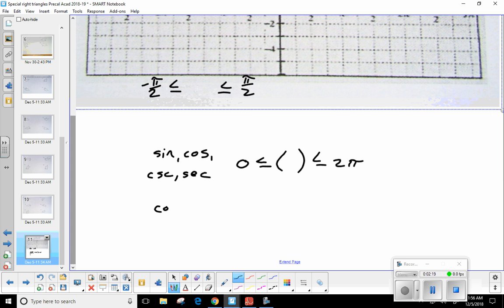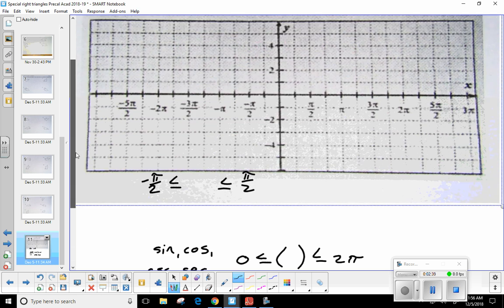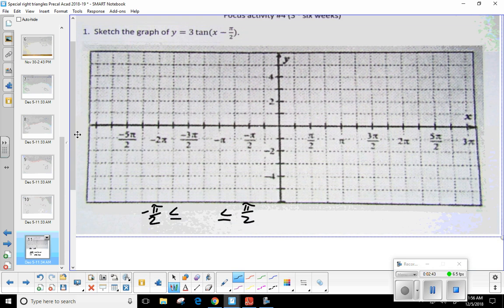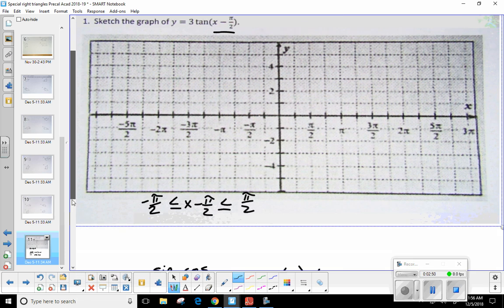If you're going to graph cotangent, well, then you want 0 less than or equal to, again, whatever your parentheses are, less than or equal to pi. But if you want to go ahead and graph tangent, then my boundaries have to be negative pi over 2 to pi over 2, a consecutive pair of asymptotes. And I keep saying parentheses, so what am I going to put in there for this one? There you go. Whatever's inside the parentheses, that's what I'm going to put in the middle of this compound inequality.